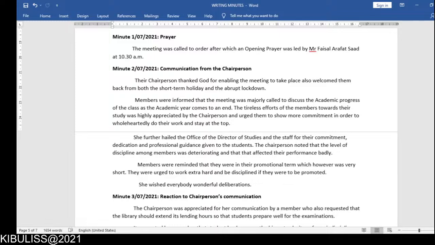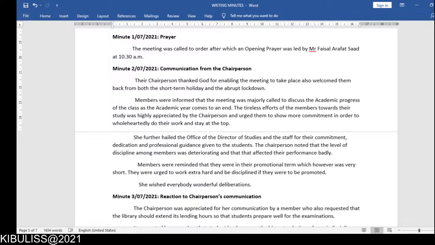She hails the office of the DOS and the staff for their commitment. Maybe the members, she reminds the members that they're in their promotional term and should work hard. And then she wishes everybody happy deliberations, meaning that she wishes everybody good discussions after she has communicated. Then she calls for reactions.